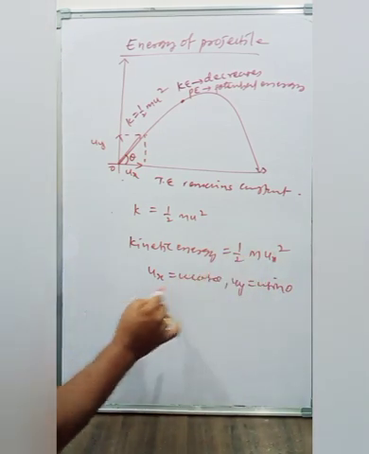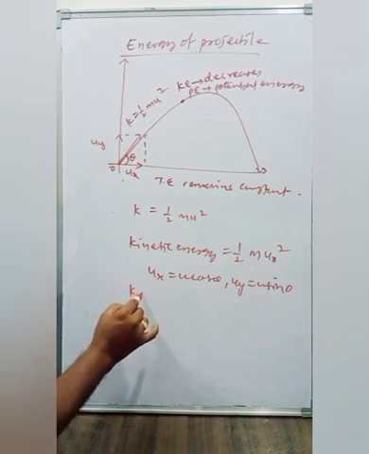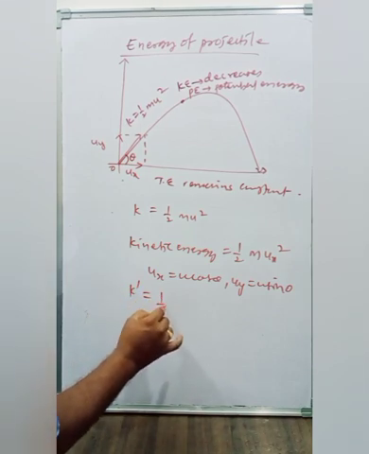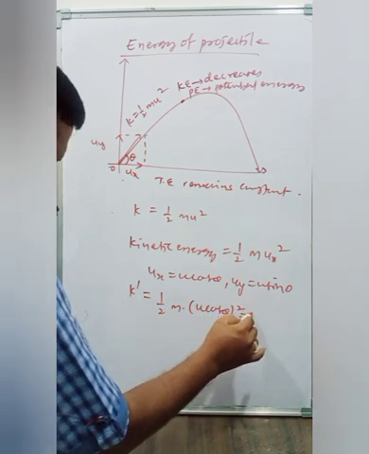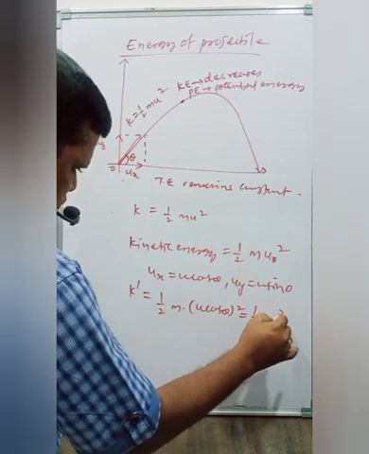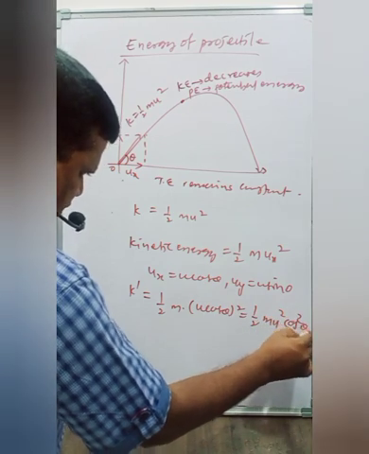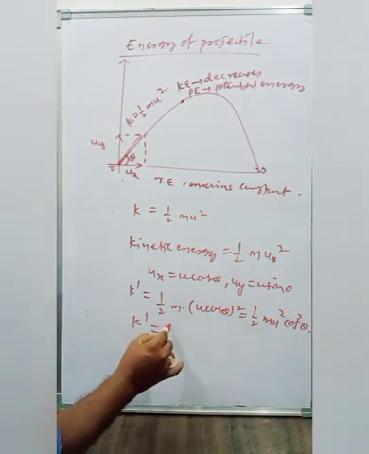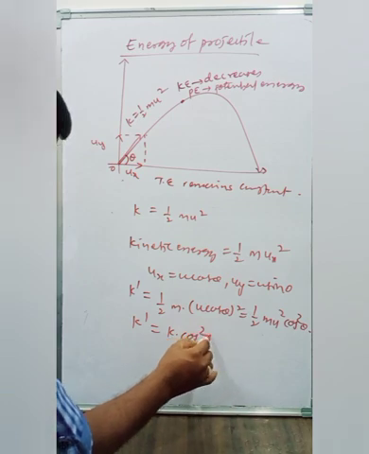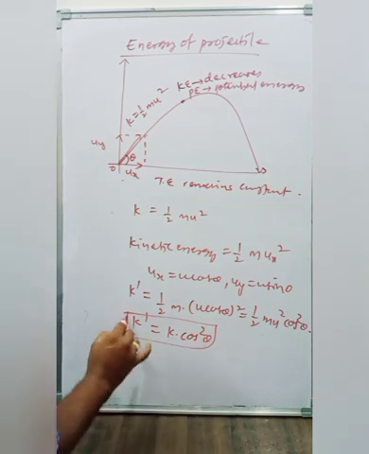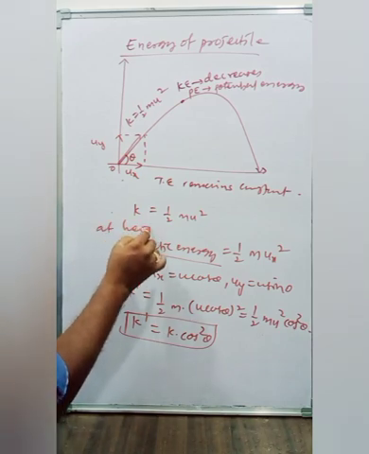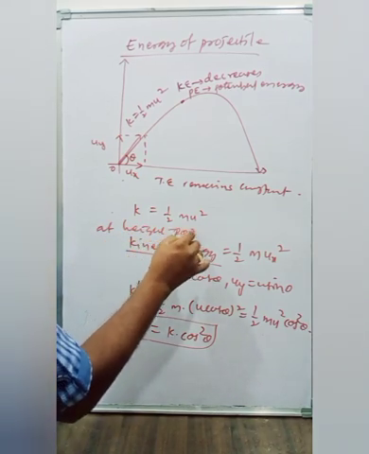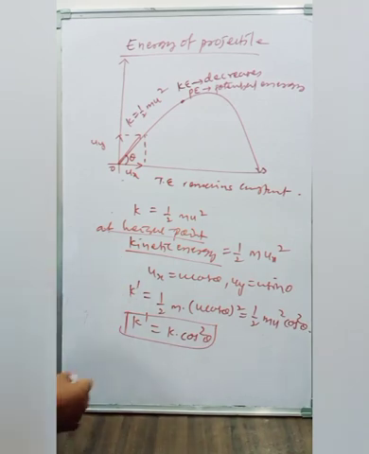Substitute the ux value, K dash is equal to half m into u cos theta whole square, that is equal to half m u square cos square theta. So we can write K dash is equal to K into cos square theta. This is the kinetic energy at the highest point.